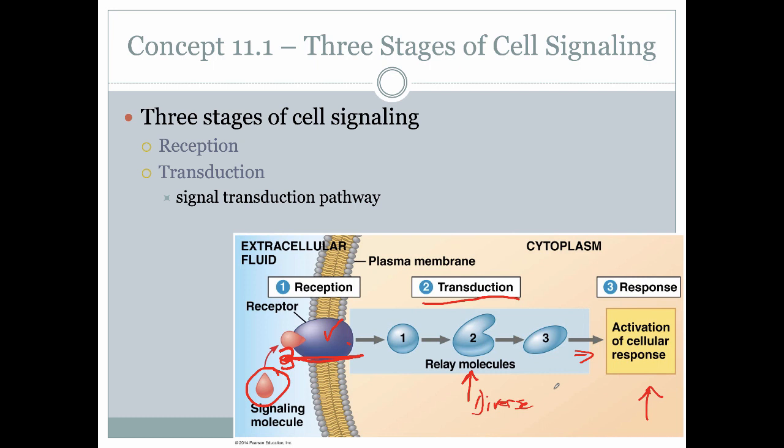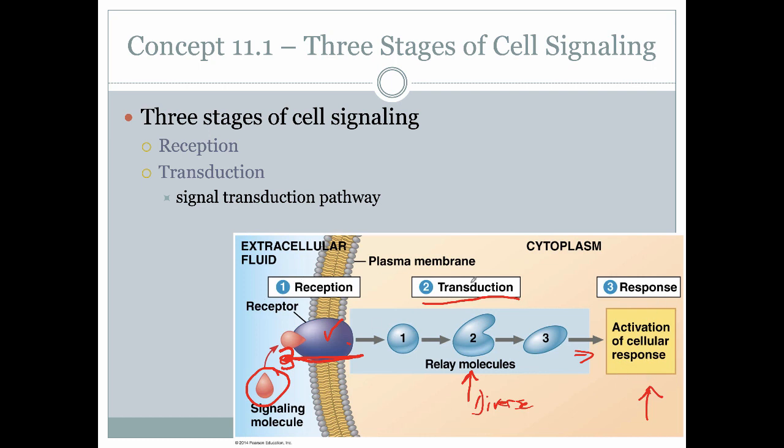Cell signaling's goal is to tell the cell to do something or not do something, depending on what the signal is. At the end of the day, you have to receive it, it has to be transduced or relayed inside the cell to specific areas of the cell, and then it has to turn on or turn off, usually turning on, some type of cellular response.